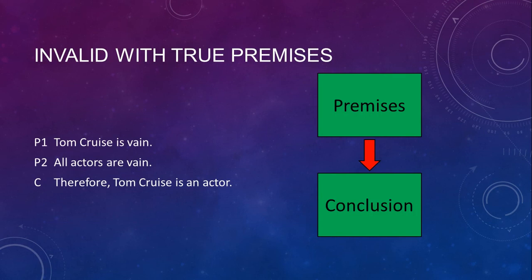This could have said Tom Cruise is vain, all actors are from Venus, therefore Tom Cruise is from Venus, and it would have been the exact same problem. The truth of the premise is separate from whether the premises, if they were true, would guarantee the conclusion, or would make the conclusion more likely for less logically strong arguments, right? This is exactly what we want you to tease apart.